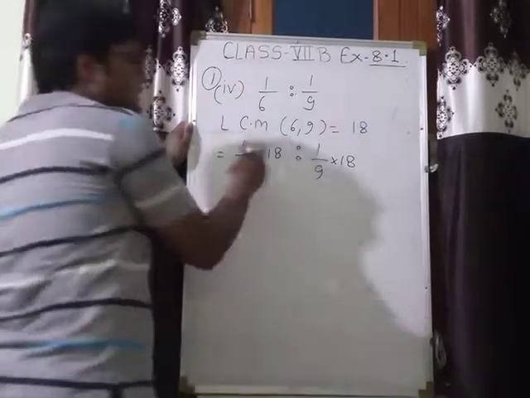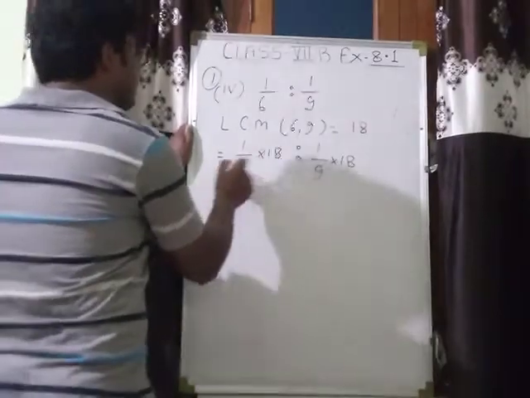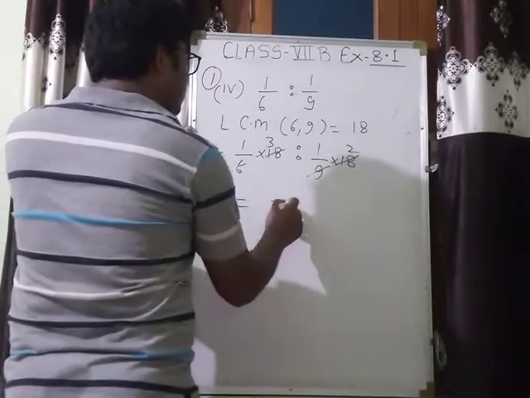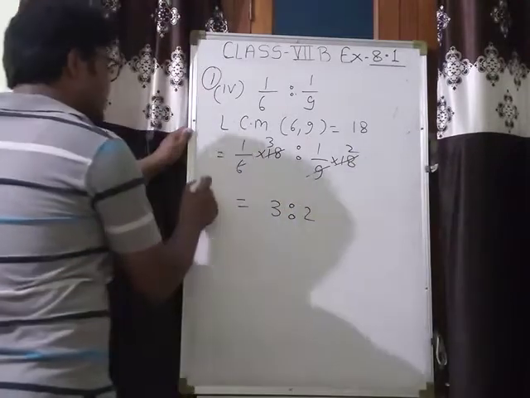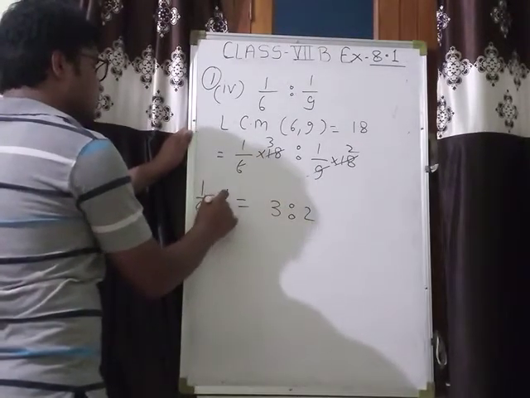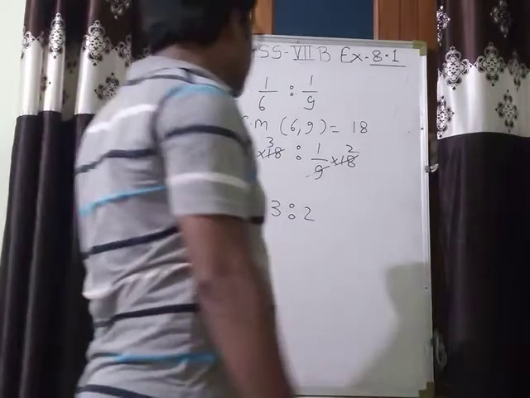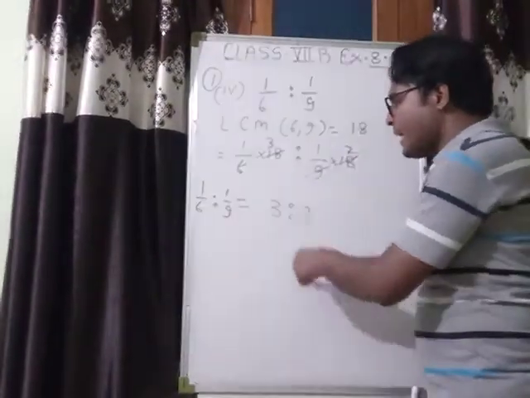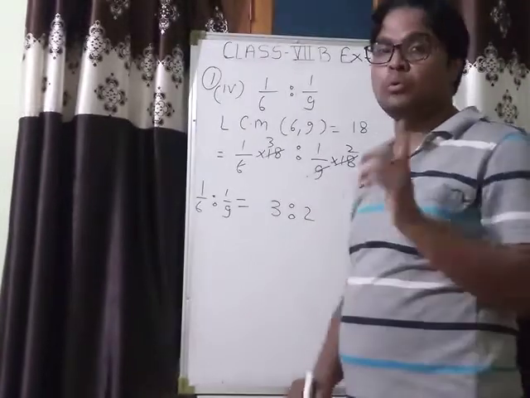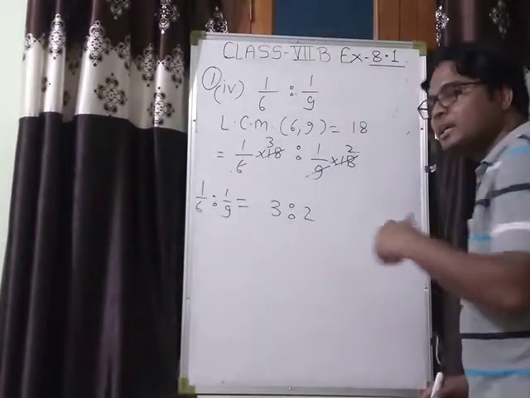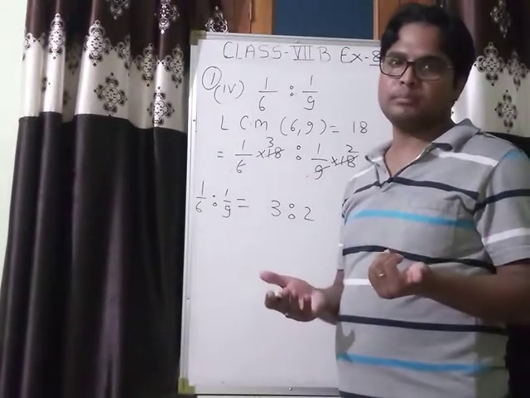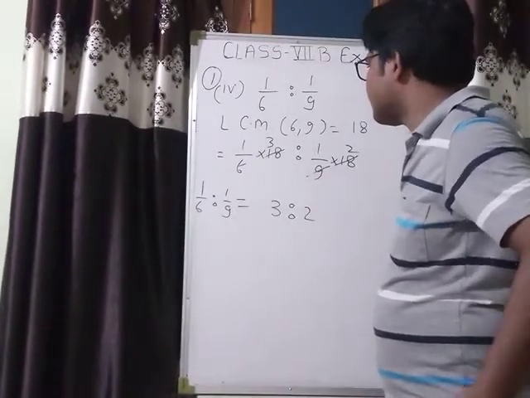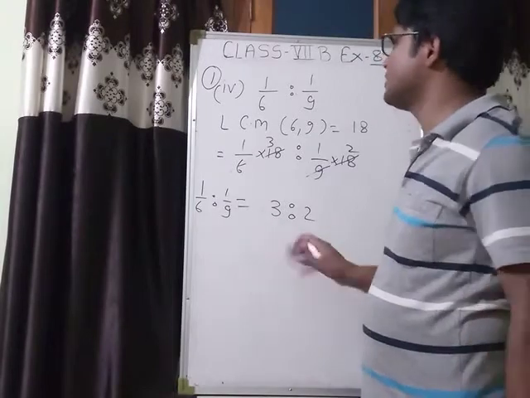Multiply both by the same number. That is 6 threes are 18 and 9 twos are 18. So that will become 3 is to 2. Now 1 by 6 is to 1 by 9 is 3 is to 2, and this is already in the simplest form because HCF of 3 and 2 is 1. Both cannot be divided by any number. So that is the simplest form of this one.